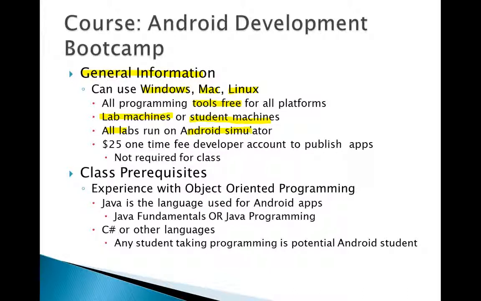Basically, you pop up a little program on your Windows machine, and it's a little simulation of an Android device. And we can run our apps all on that simulator. In fact, the first Android app I ever released for download, I never even tested it on a real Android device. I deployed and released an Android app before I ever owned an Android device. I did all my testing on the Android simulator.